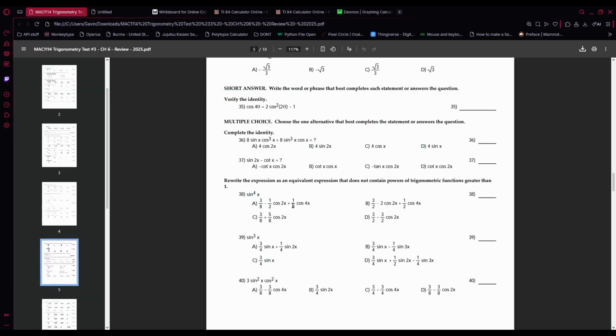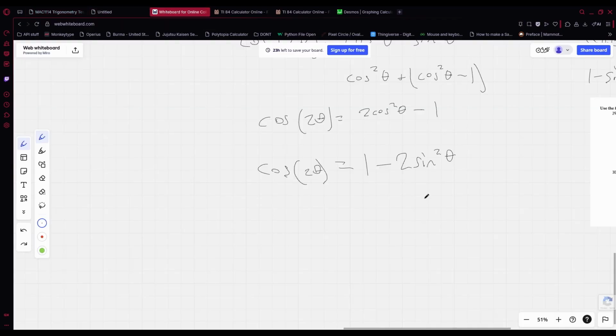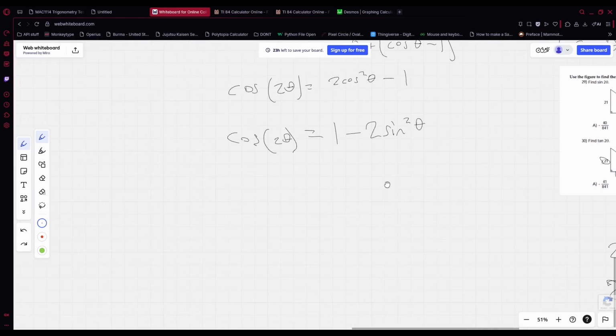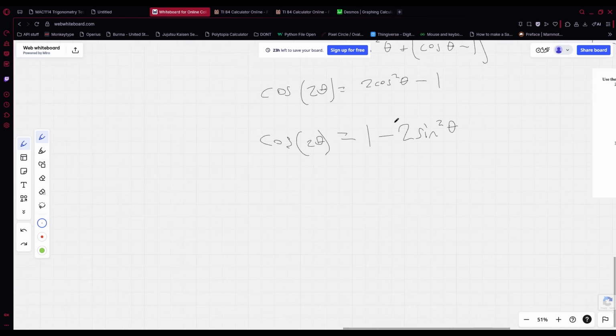So, I need the power reduction formula for sine. How do I get that? Well, I derive it from this big boy. All you have to do is isolate sine squared theta. So to derive the power reduction formula, you isolate sine squared theta.